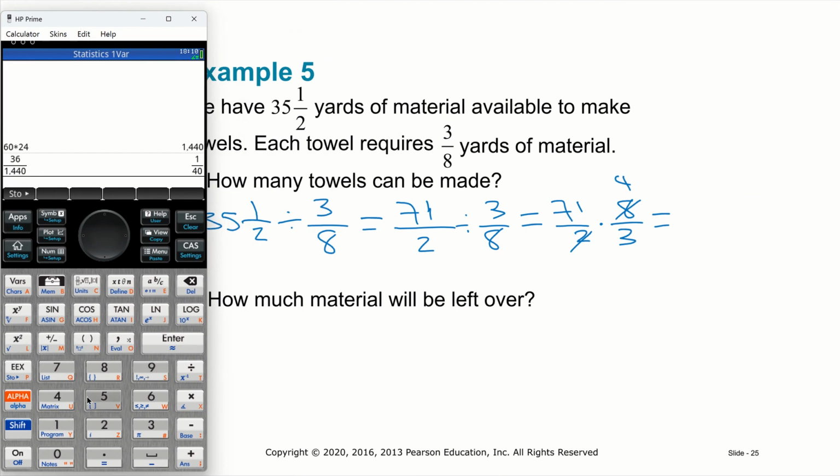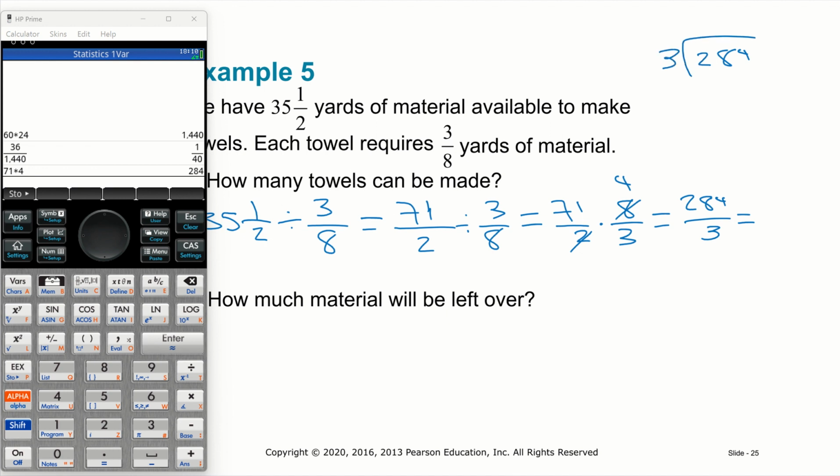So we have 71 times 4, so 284 over 3. Let's convert that to a mixed number. Improper fractions are easier to work with, but mixed numbers give you a much better feel for the quantity that you're dealing with. So we're going to accomplish that by doing a long division.